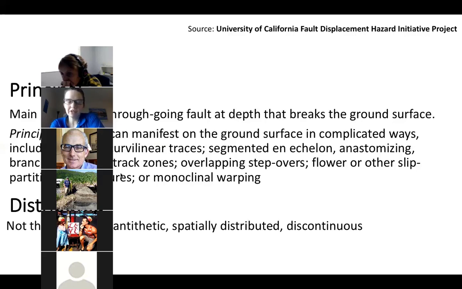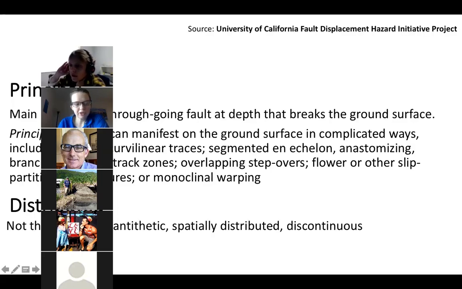But there are a number of other cases where we could expect a somewhat more complicated expression of the fault at the surface, whereas at shallow depths we only have a single main rupture. So for example, at the surface we could get en echelon fracturing, anastomosing, branching, mole tracks, overlapping stepovers, flower structures, or some sort of warping. And again, I'll show some pictures of these on the next slide.